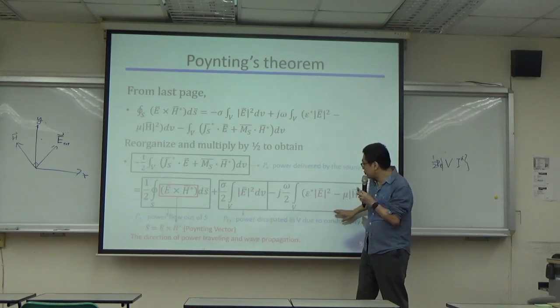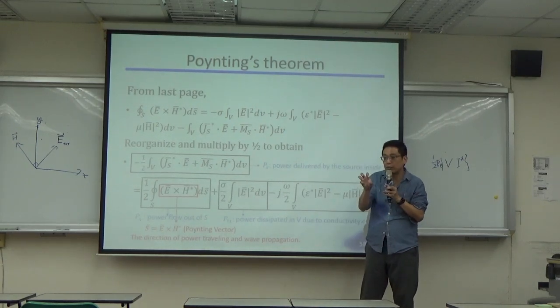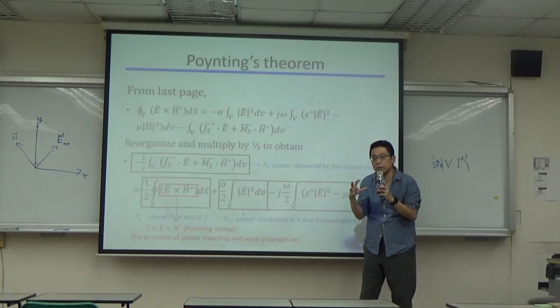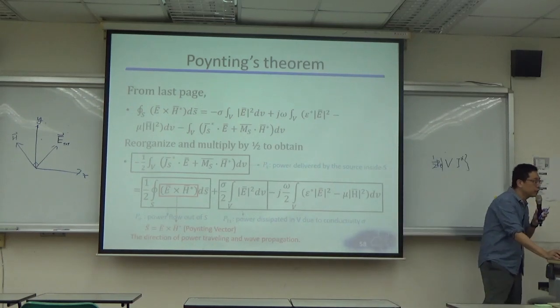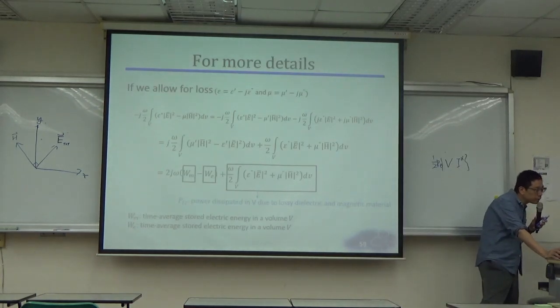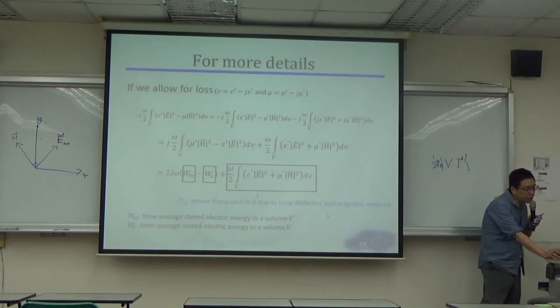These two terms are related to the power stored. You have an epsilon double prime, which is relevant to the loss.